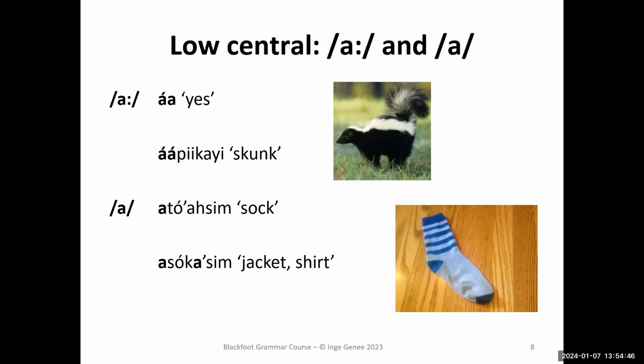The low central vowel A also has a long and short version. To make this vowel, try to say the long A sound that the dentist or doctor wants you to make when they want to look in your mouth. When you make this vowel, your mouth is open, often with your jaw lowered as well, and your tongue is lying flat in the bottom of your mouth, so that there is a nice wide space for the dentist or doctor to look at, or for this vowel to be pronounced.